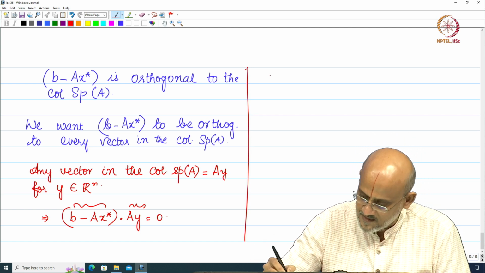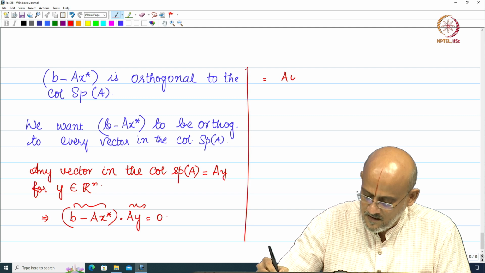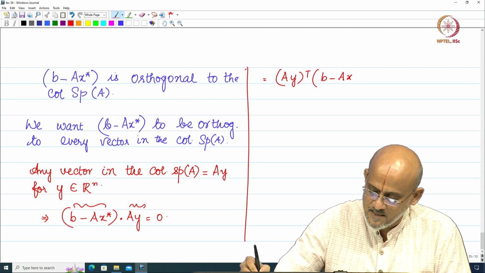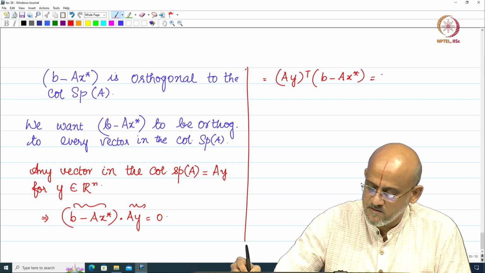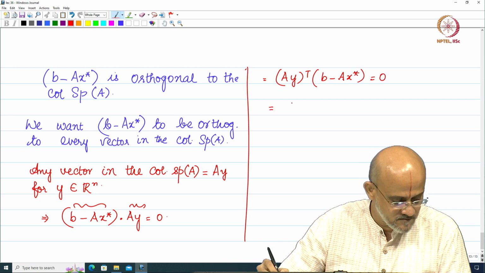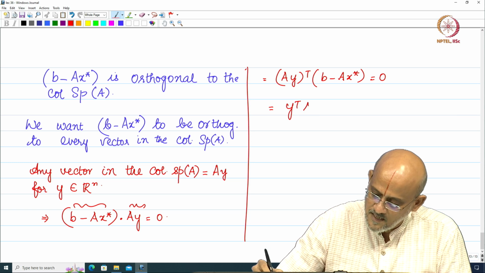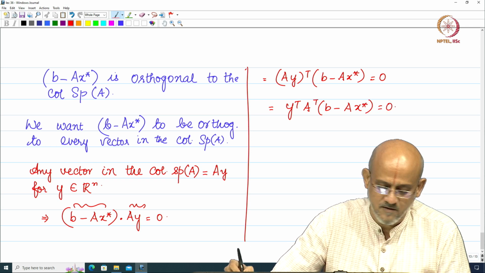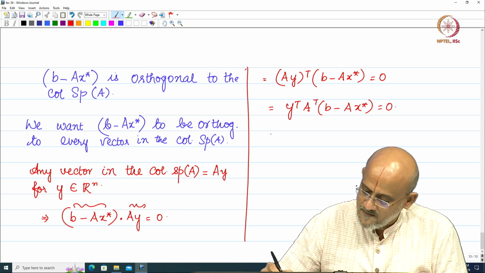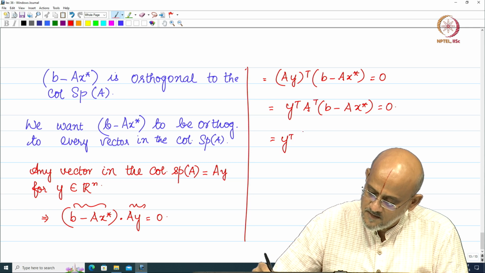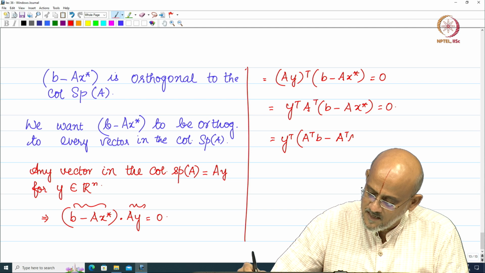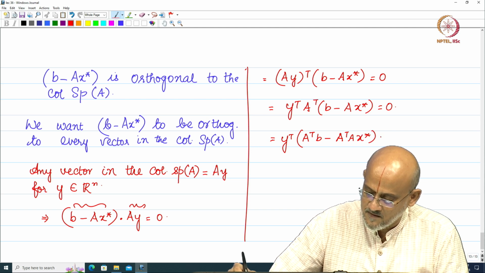So what do we have? We have AY the whole transpose into B minus AX star is equal to 0, which is nothing but Y transpose A transpose into B minus AX star is equal to 0. That gives Y transpose into (A transpose B minus A transpose A X star) is equal to 0.